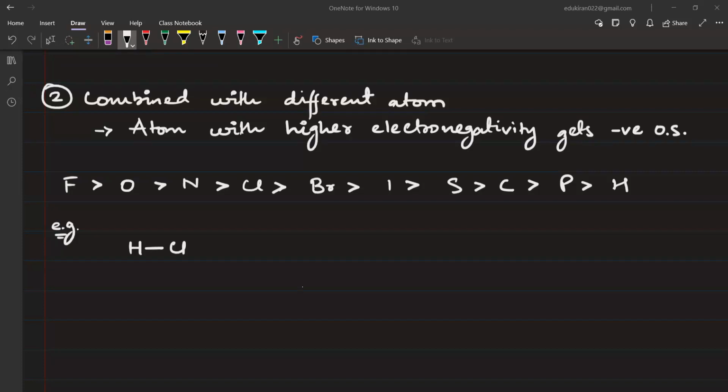Whose electronegativity is greater, hydrogen or chlorine, guys? This is the electronegativity series. Tell me, whose electronegativity is higher? Please stop writing and tell me. Siddhika, whose electronegativity is higher? Yasir, correct, very good. Siddhika seems to have a voice issue. Yes, sir. Whose electronegativity is higher?